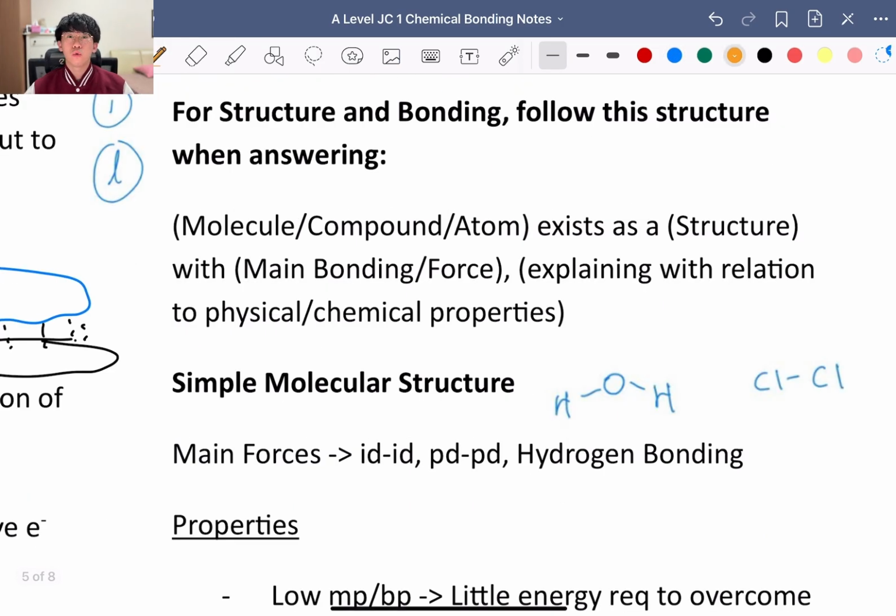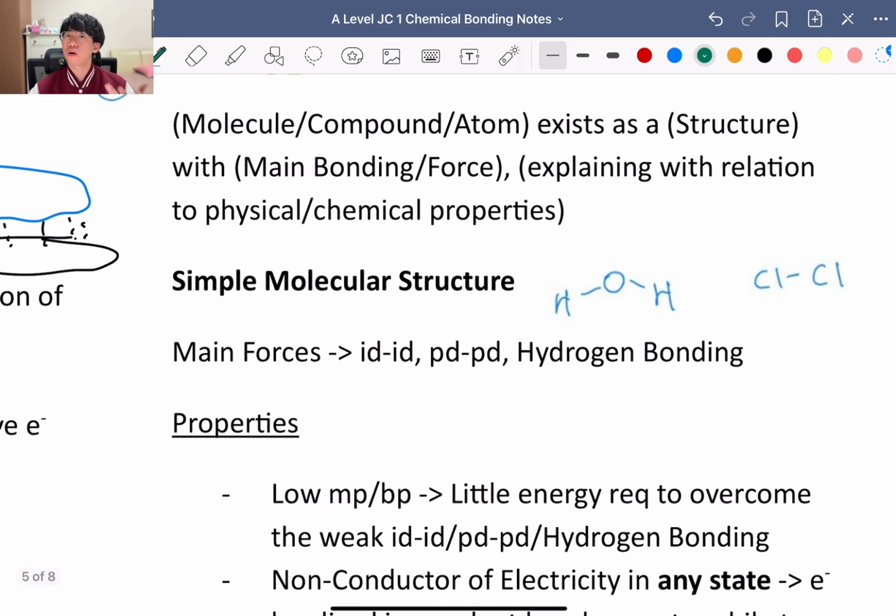Moving on, we're going to talk more about structure and bonding. And just to take note, a key answering technique you would need. So here I would put that this is an answering technique. Whenever you want to answer a structure and bonding question, just follow the following format, which is: this particular molecule or compound or atom exists as a whatever structure.